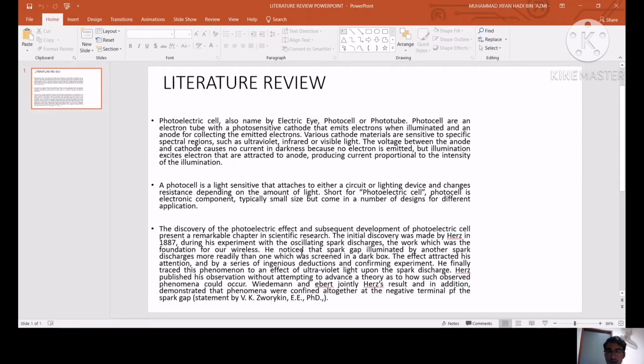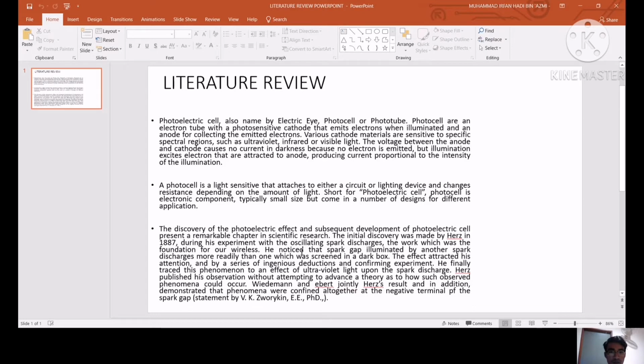The effect attracted his attention, and by a series of ingenious deductions and confirmed experiments, he finally traced this phenomenon to an effect of ultraviolet light upon the spark discharge.